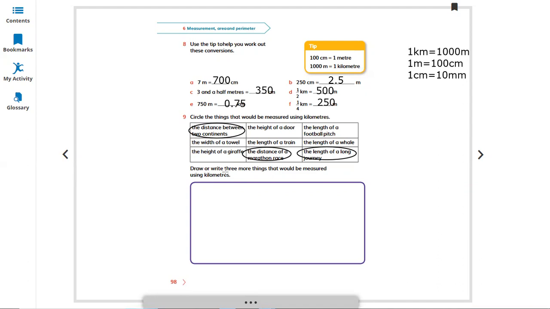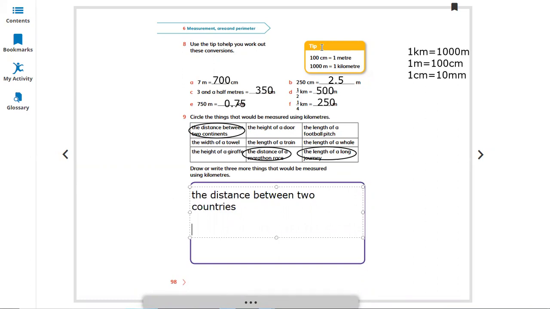Draw or write three more things that would be measured using kilometer. So we can write here, and also we can write the distance between two cities.